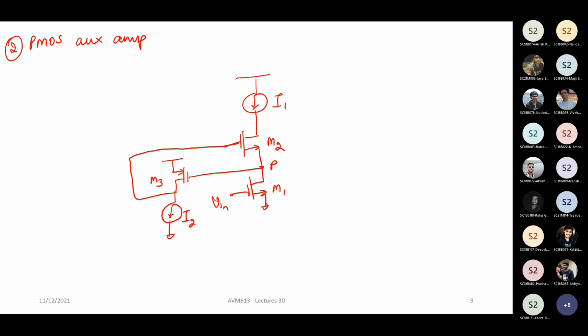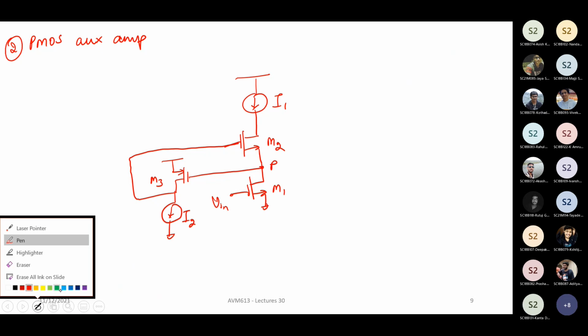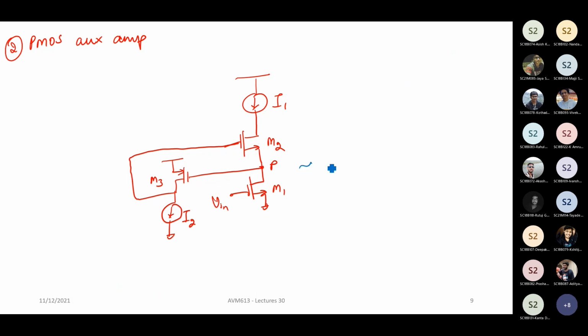But there is one more problem here, right? The problem here is that let us say we are putting VP to be at the overdrive VD sat of M1. Let's say this is 150 millivolt, for example. Now let's say this is a 1.8 volt supply. So what is the VSG here?